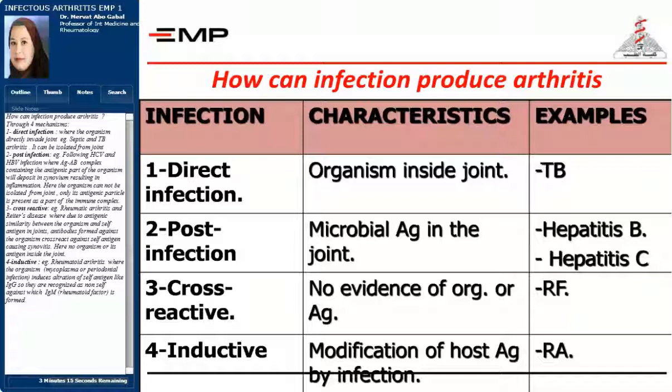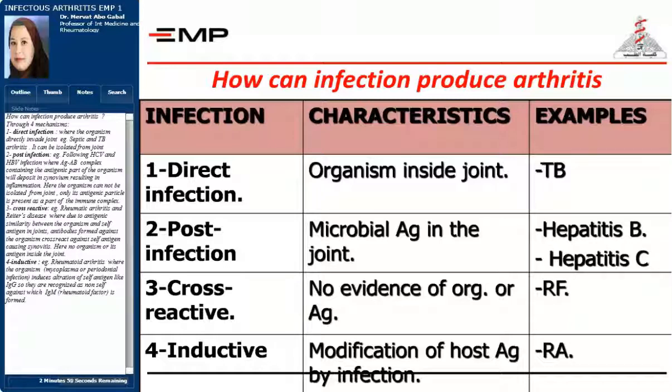The third mechanism is cross-reactive. For example, rheumatic arthritis and Reiter disease, where due to antigenic similarity between the organism and self-antigen in joints, antibodies formed against the organism cross-react against self-antigen causing synovitis. Here, no organism or its antigen is inside the joint.